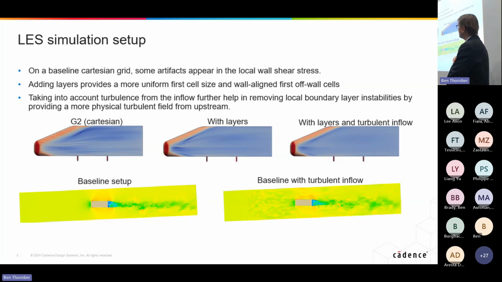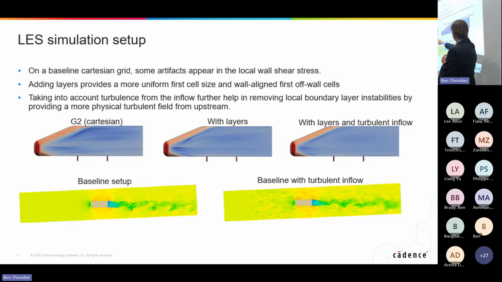And then we've noticed that as we insert layers, meaning we ensure a constant y plus or constant first cell height over the surface, these tend to be significantly reduced, not completely removed, but significantly reduced. And when we include layers and turbulence from the inflow, matching the about 3% above the boundary layer observed in the experiment, we almost completely remove those on the average field.